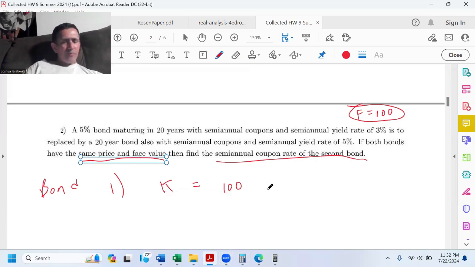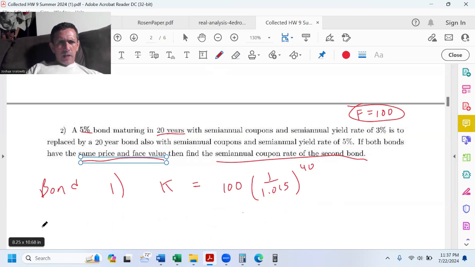It's up to you. Yield rate is 3% nominal semi-annual, so divide by 2, get 1.5%. This is the 40th. Okay, so we just plug into Makeham's formula.